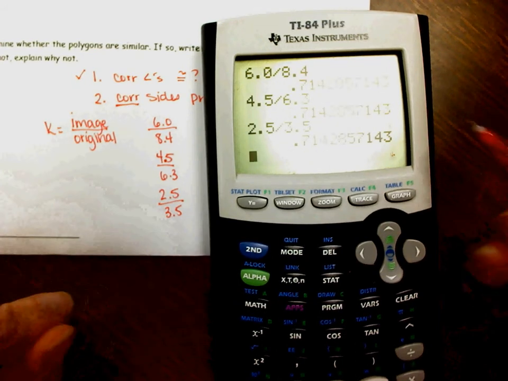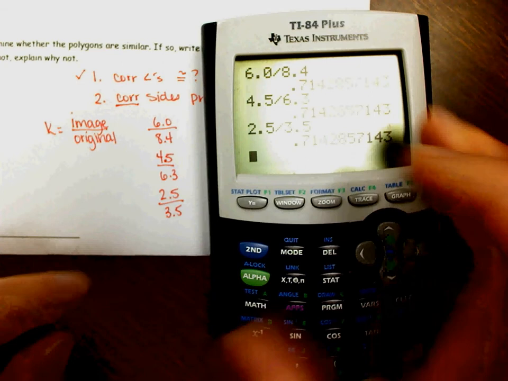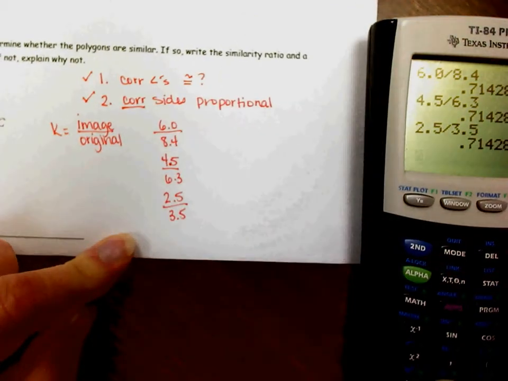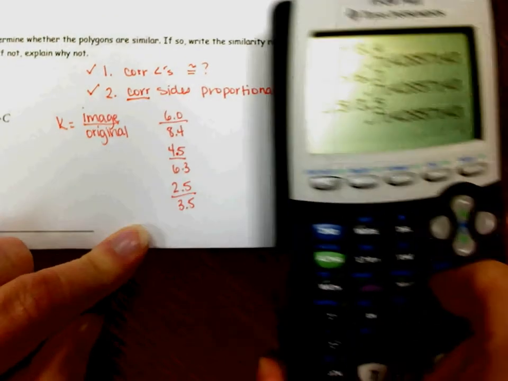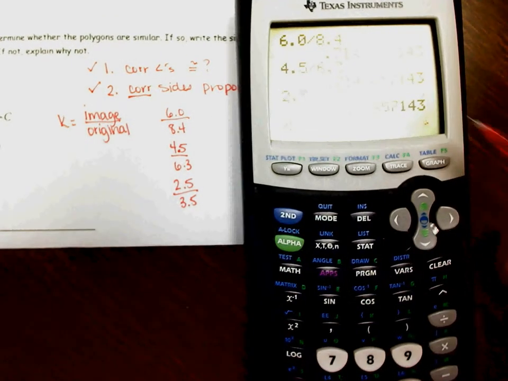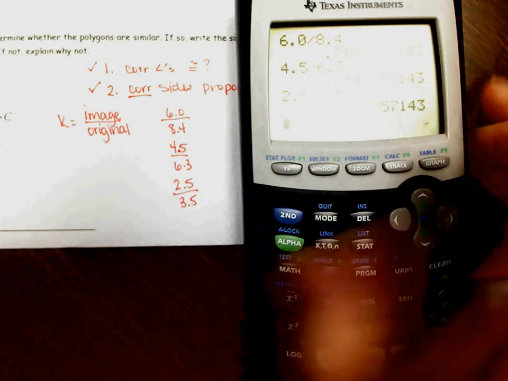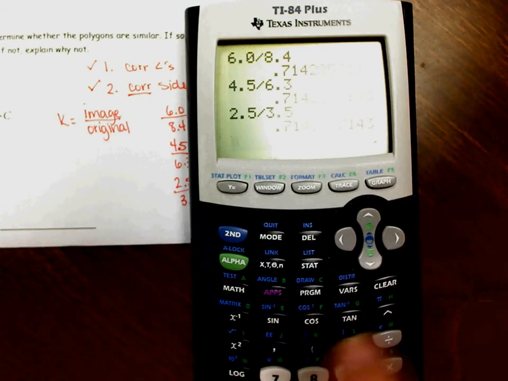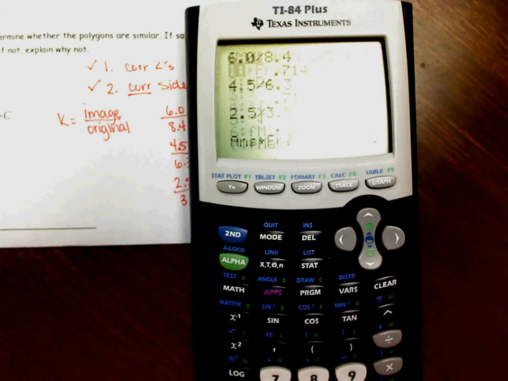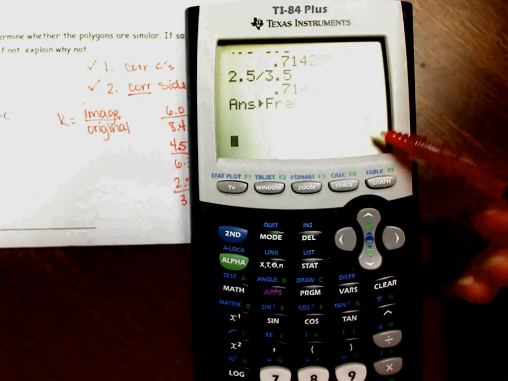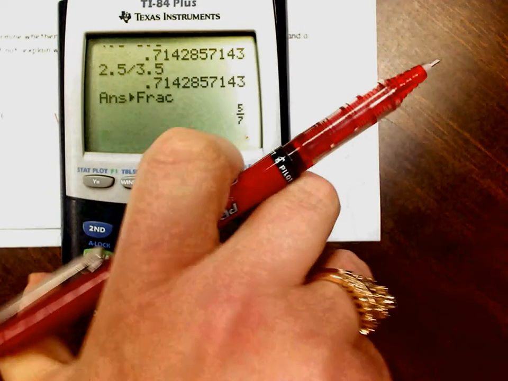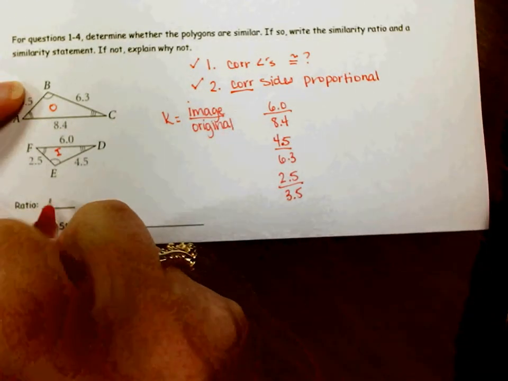Same exact decimal each time. So that tells me that my corresponding sides are proportional to one another. So my scale factor is this number, except I don't write it in decimal form. I want it in fraction form. So if I hit Math Enter on my calculator, I can get it in fraction form. And that is, I'm not sure if that shows up, 5/7. So my scale factor is 5/7.